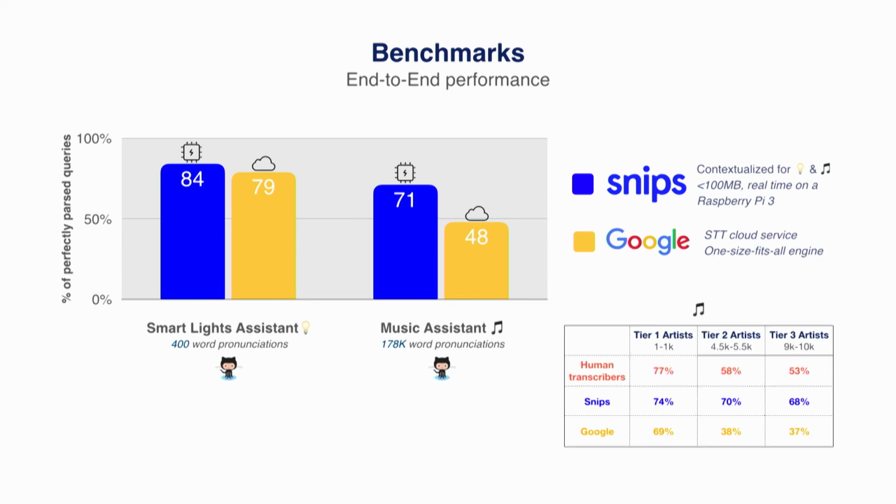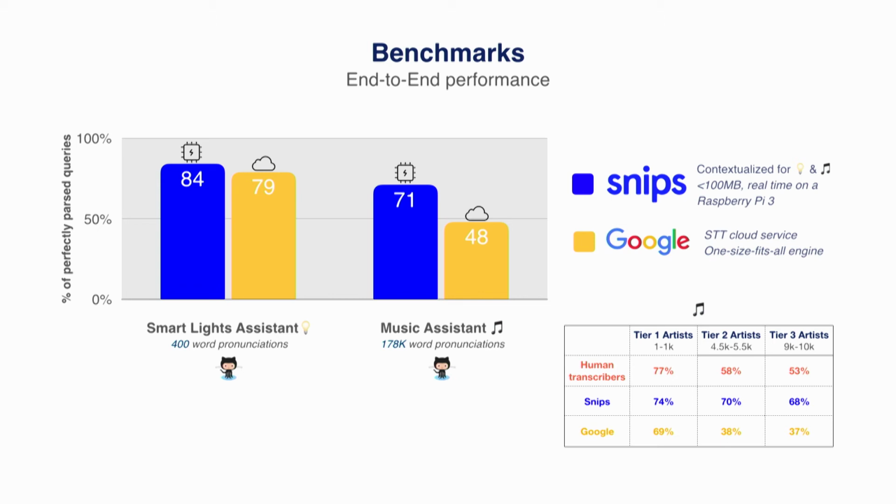And let's say the most interesting result is probably on the music assistant part. So in red, you have the accuracy of human transcribers. So in theory, it's difficult to do better than that. But what happens is that for Snips, we chose 3 tiers of artists. So the 1K most popular, then the artists between 4.5 and 5.5K of popularity, and then between 9K and 10K.